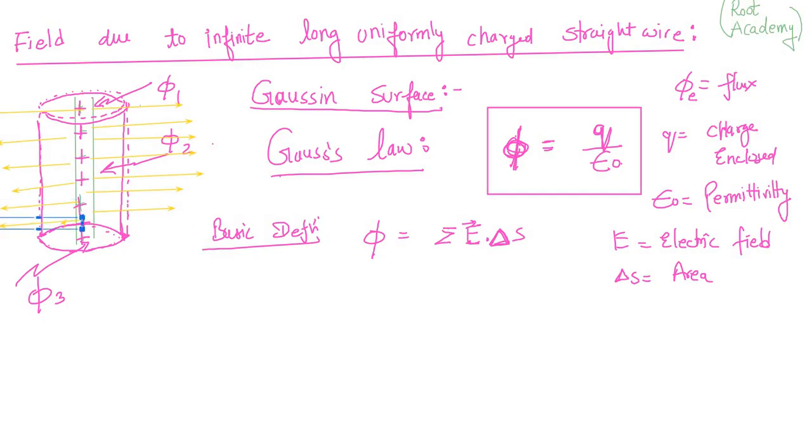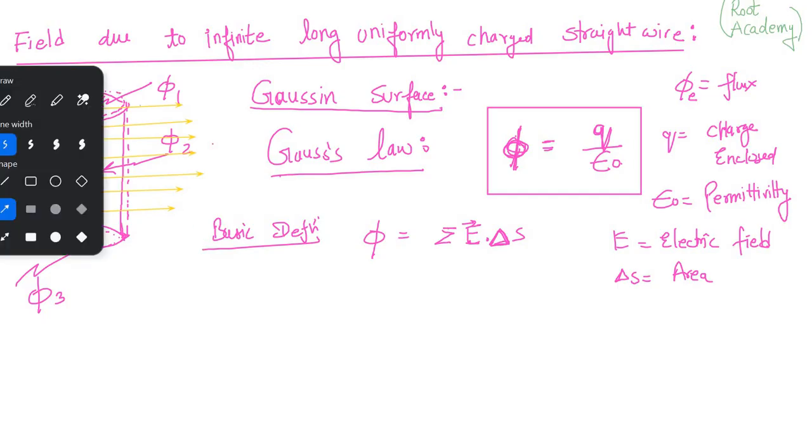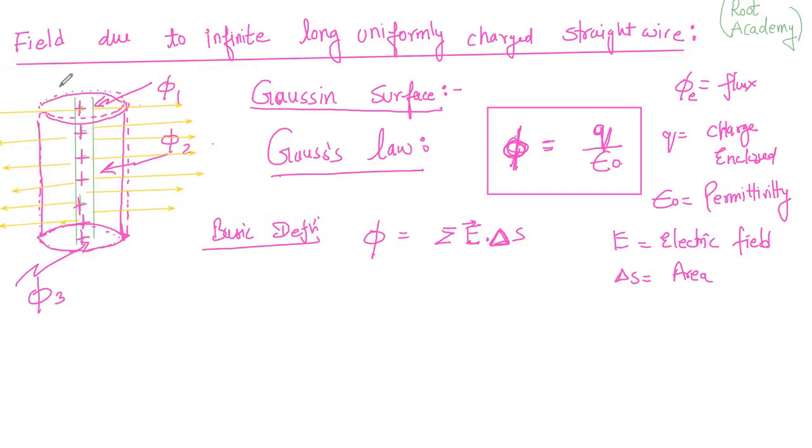So you can see there is no flux upward or downward. There is flux only all around the cylinder. On top it is 0 and at the bottom it is 0.